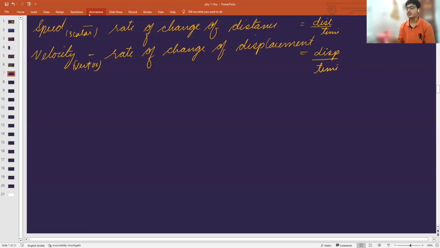Okay, and one more thing, if you are moving in a straight line, let us say the distance from point A to point B is this only, and the same is the displacement because this is a straight line.